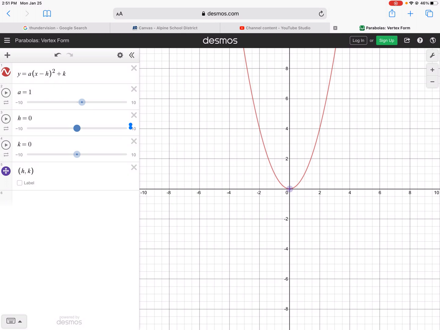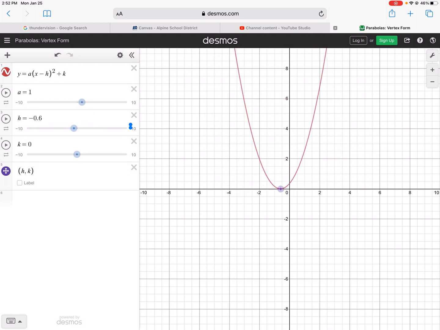If we make h be maybe positive 1, what happens to the graph? Well, it moves to the right 1. Okay. If we move it to 2, it moves over 2. If h is 4, it moves us right 4. If we make h be negative, like a negative 4, it moves left 4.